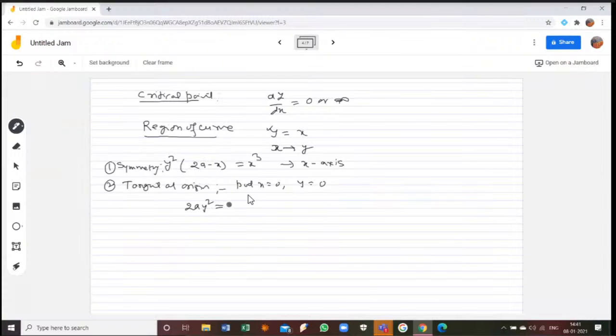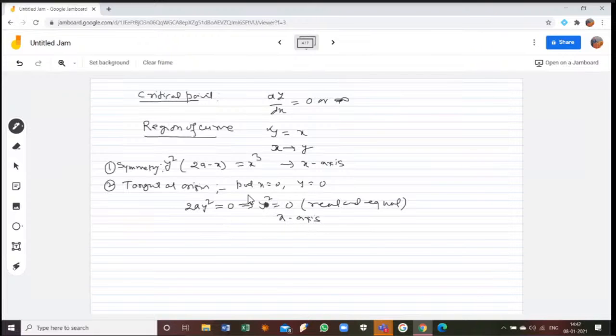So you put this equal to 0, which means y square equal to 0. So real and coincident, real and equal tangents are there. y is equal to 0 means the x-axis is the tangent, and this is common for the curve.